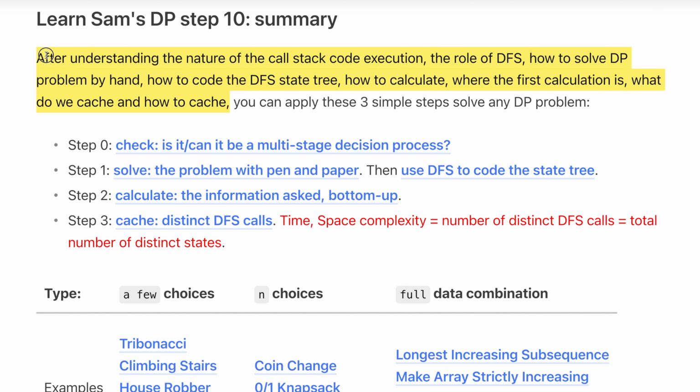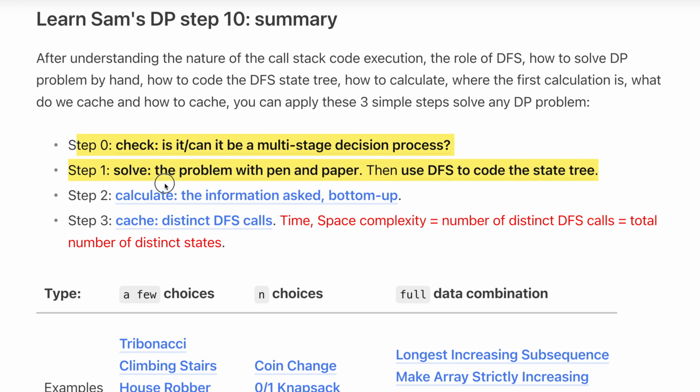It sounds like a lot of steps, but actually when you apply SAMDP, there are only a few simple steps, like what we have here. Step 0 is check. You need to check if the problem is a multi-state decision process, or if you can convert it to a multi-state decision process and apply DP to solve it.